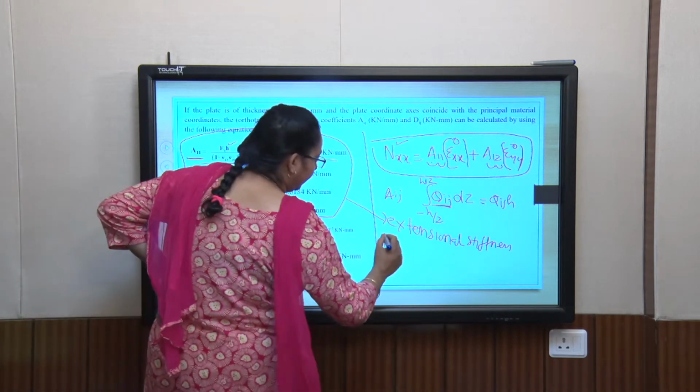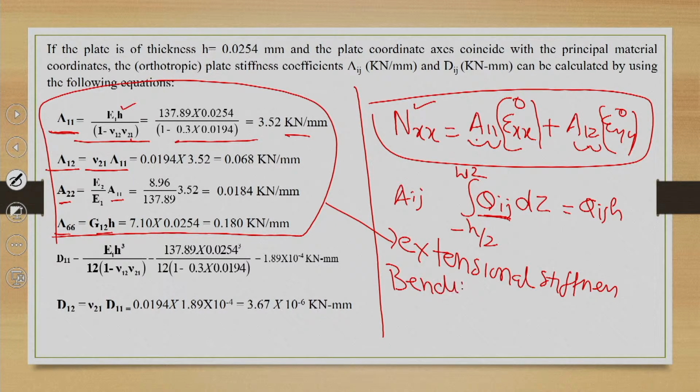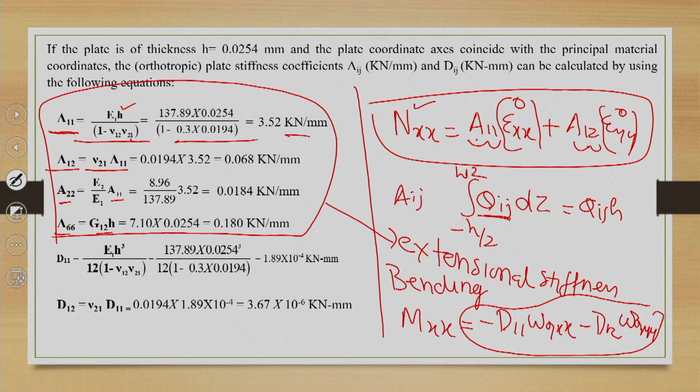Now, we are talking about the bending stiffness. If you want to evaluate moment Mxx, what is that? It is minus D11 of w comma xx minus D12 of w comma yy. So, this is your moment. You can evaluate D11 as E1 h cube by 12, or in other terms I can say Q11 into h cube by 12.